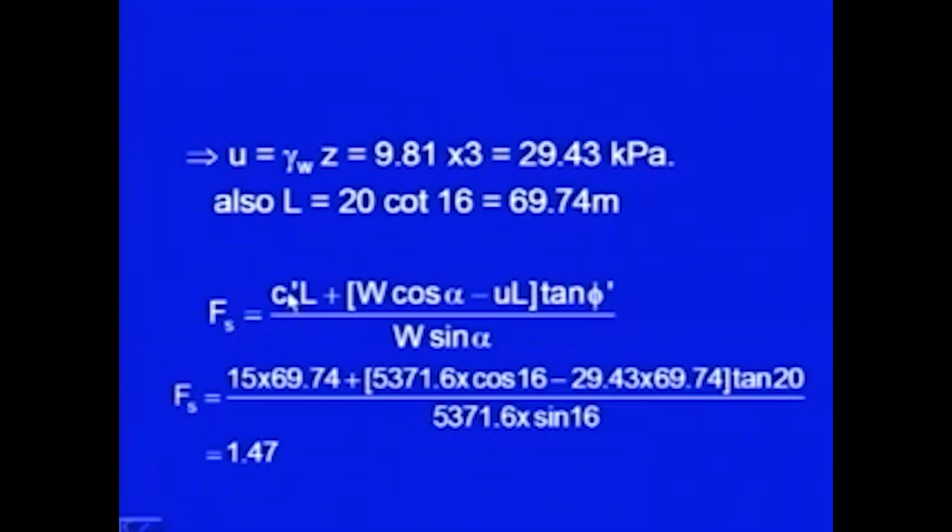Fs is equal to c dash L plus W cos alpha minus u into L, L is the base length of the wedge, tan phi dash upon W sin alpha. So, all the parameters are available with me. I put them in this equation, and finally, the factor of safety comes out to be 1.47.